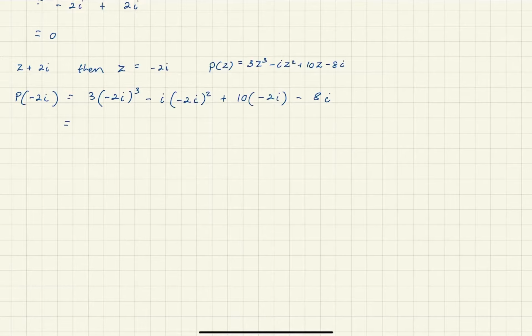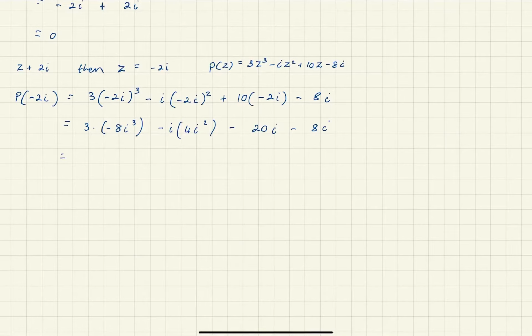I'm just going to expand that out. So that is 3 times negative 8i cubed minus i times 4i squared minus 20i minus 8i.